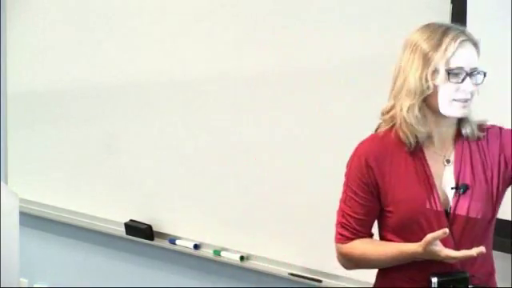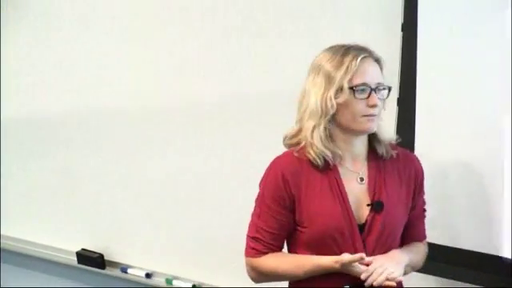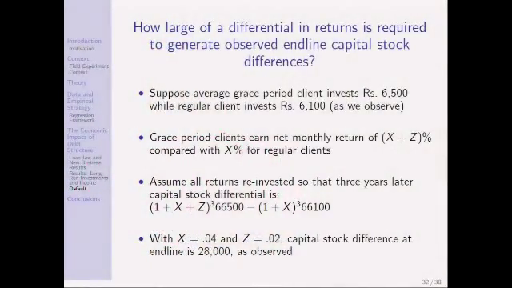So it could explain the capital stock differences. And the answer is yes, under reasonable assumptions about how much people reinvest of their profits into their business, and reasonable assumptions about the difference in the rates of return from the high return technology to the low return technology. Over 3 years, you would see this size difference in terms of household income.